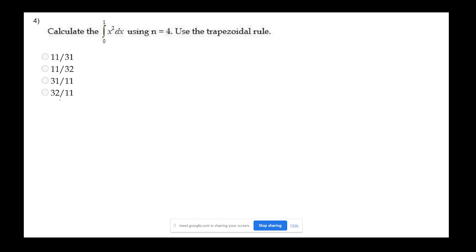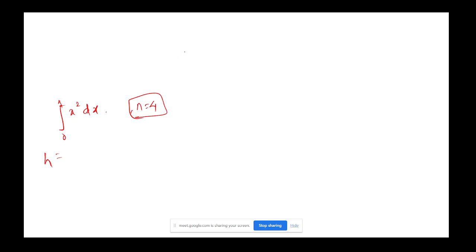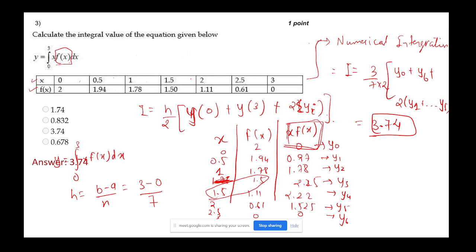Calculate the integral from 0 to 1 of x square dx. Here you are given n equals 4. So what is the trapezoidal rule? Let's find h first. In the previous question, the table was given to you.